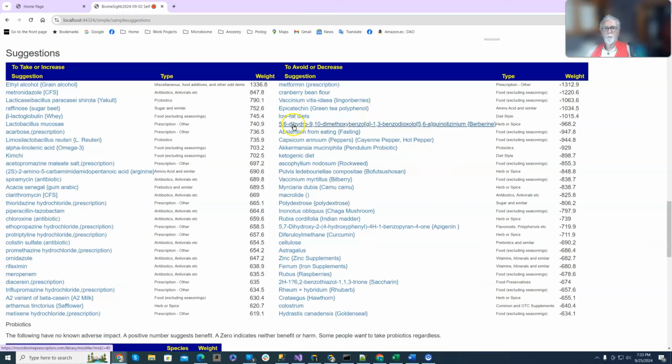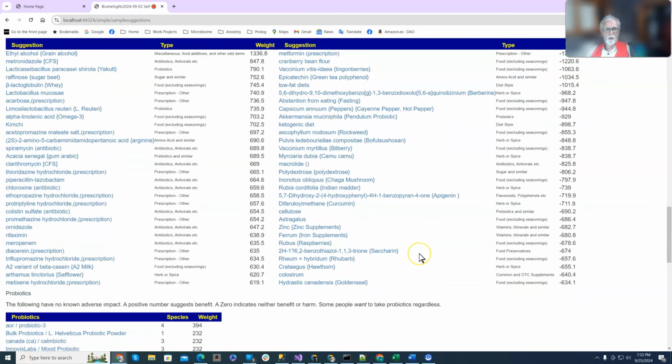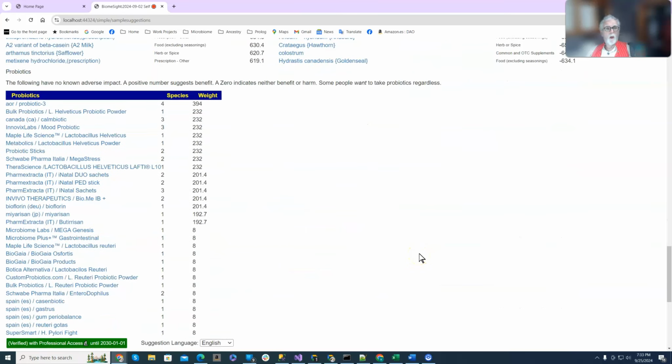So there, but we have things marked down, and then down at the bottom we have by weight the number of probiotics, and generally what happens is you want the one with the least number of species with a particular weight.